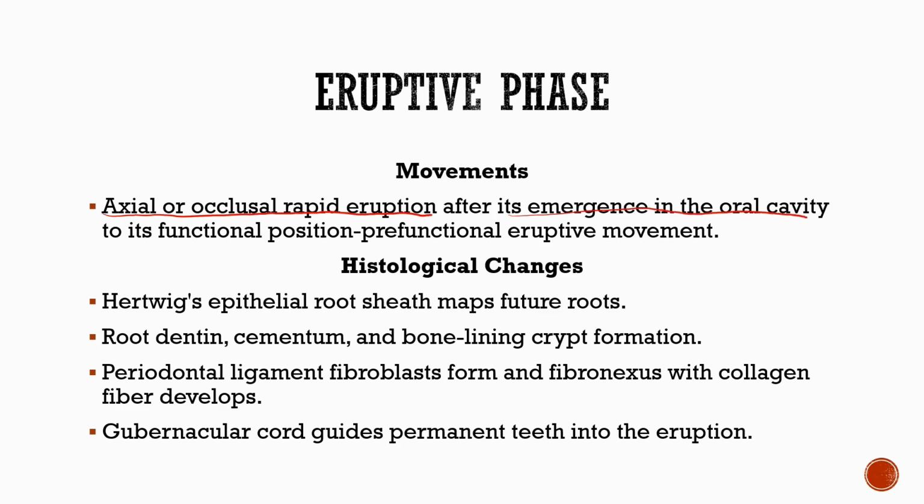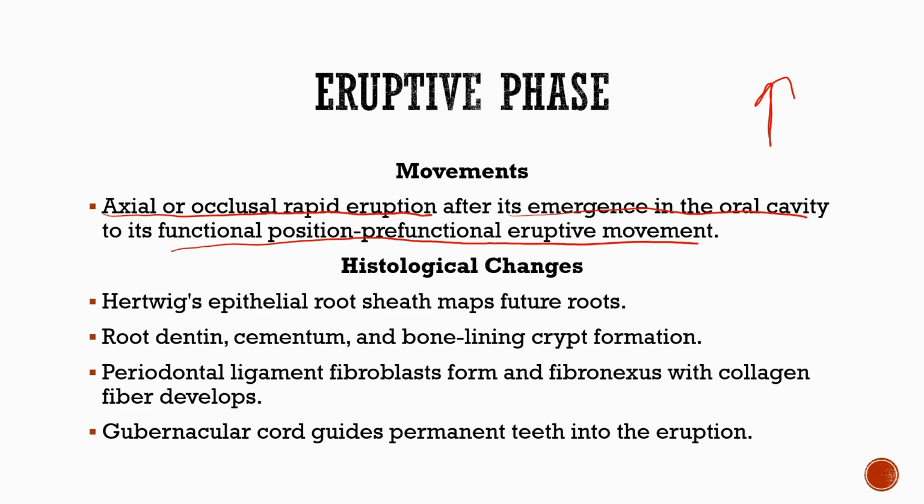What does that mean? Axial means the upright position for the tooth to gain occlusal functionality. It moves towards the oral epithelium, fuses and goes upward, then towards the pre-functional eruptive movement.